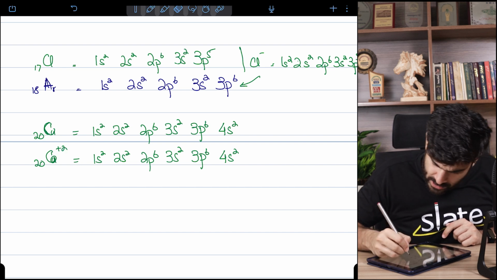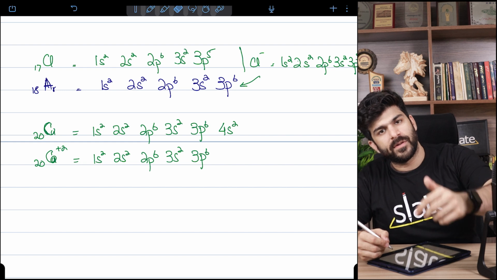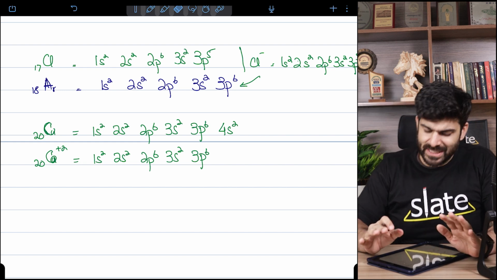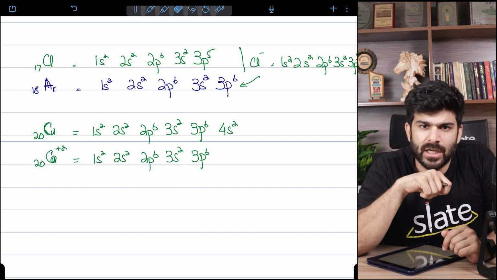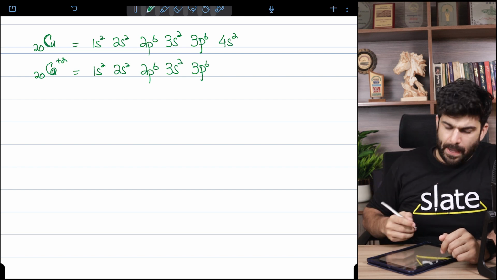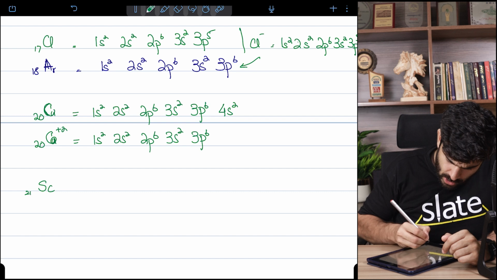It loses two electrons, these two electrons will be gone, and again, the electronic configuration of the nearest noble gas, argon. So this is simple with S and P block elements. But let's talk about D block elements. For example, right after calcium, we get scandium, 21.